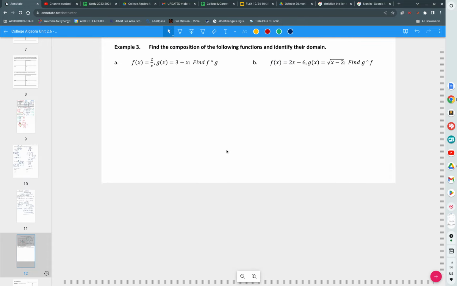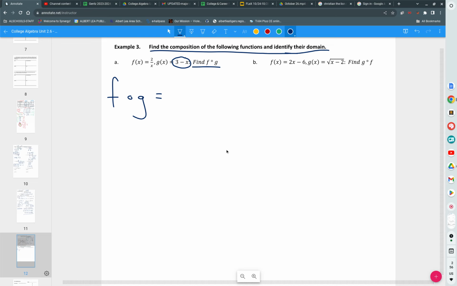Okay? So, last 2 examples. It says to determine f of g and to identify their domain. Find the composition of the following functions and identify their domain. So we want to compose f of g. So this is not challenging. We've just seen it before. We're going to take what g is, and we're going to dump it in for f, right there.